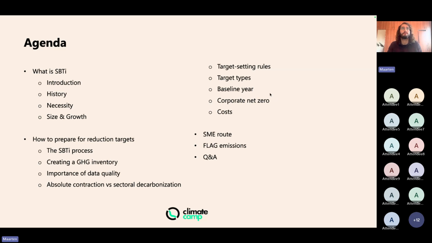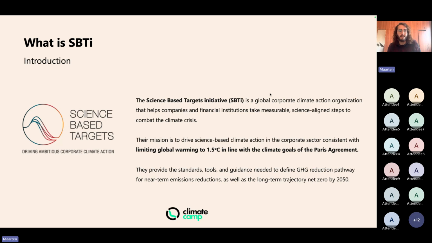So let's dive in. Now, what is SBTi? A short introduction. The Science Based Targets Initiative is a global corporate climate action organization. It helps companies and financial institutions take measurable, science-aligned steps to combat the climate crisis. Their mission is to drive science-based climate action consistent with limiting global warming to 1.5 degrees, in line with the climate goals of the Paris Agreement.